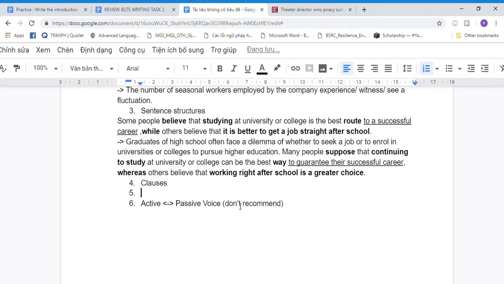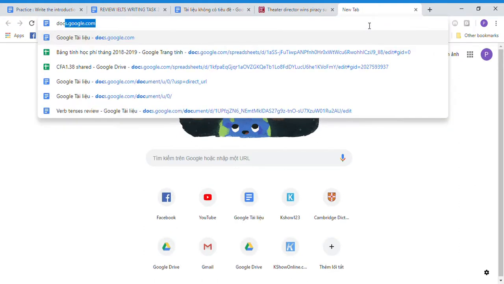Okay, the next part is clauses. So for example, if you say, let me use some example in my material.